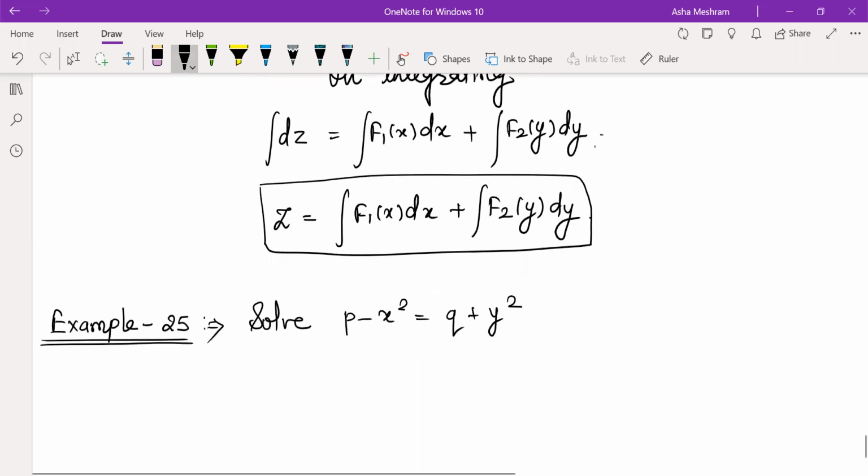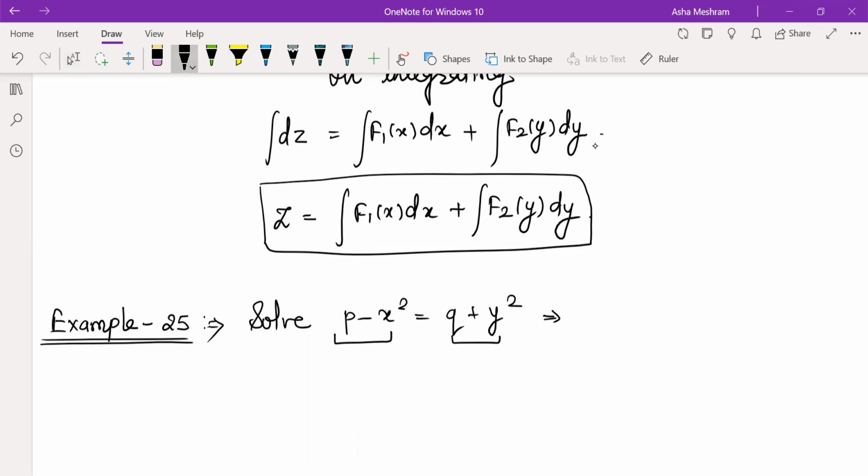So already these terms are separated, no? कुछ भी करना नहीं है. Already it is in the form of f1 xp is equal to f2 yq. So we just take this p minus x square is equal to q plus y square is equal to some a.